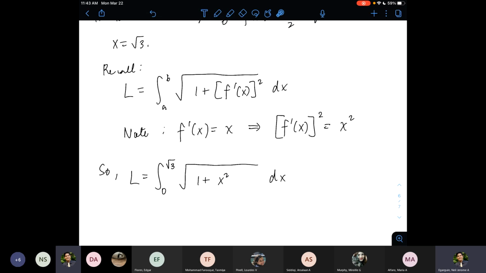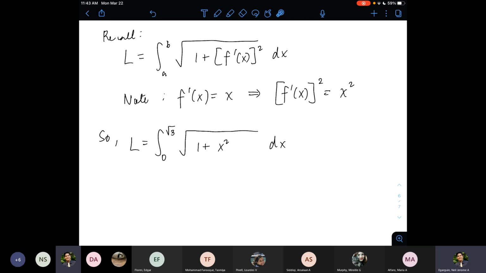But in this particular example it is not a perfect square, so we cannot get rid of the square root alone. And Herson is correct, we need trigonometric substitution here.